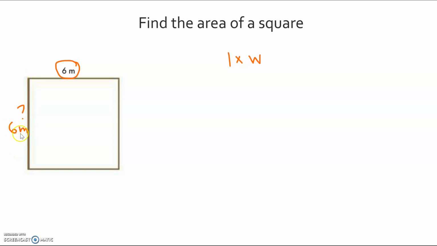And now that I identified the measurement of this length, I can now multiply 6 times 6, which is going to give me 36. So the area is equal to 36, not meters, square meters.